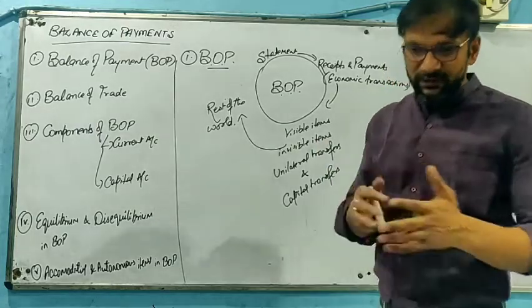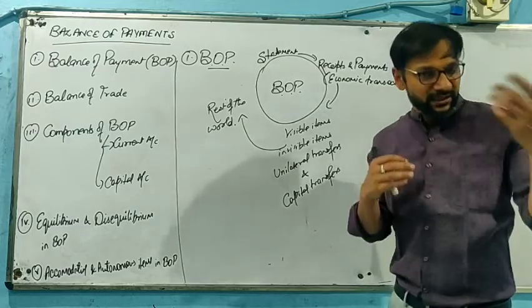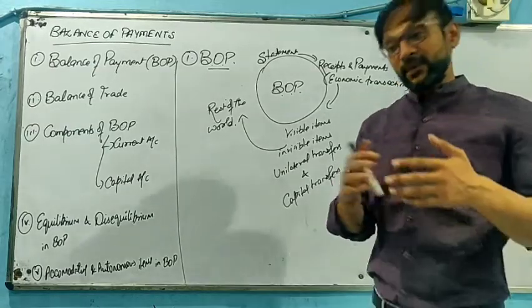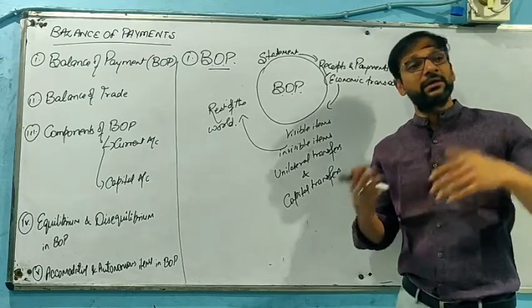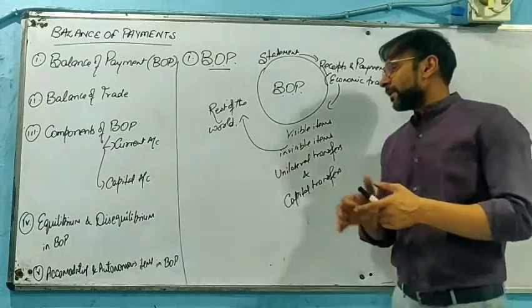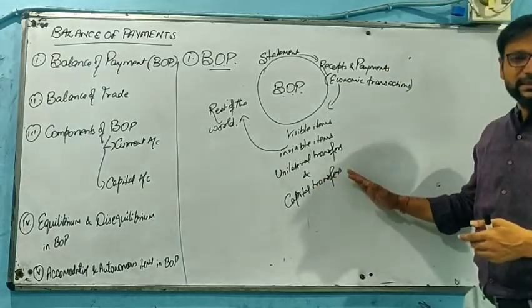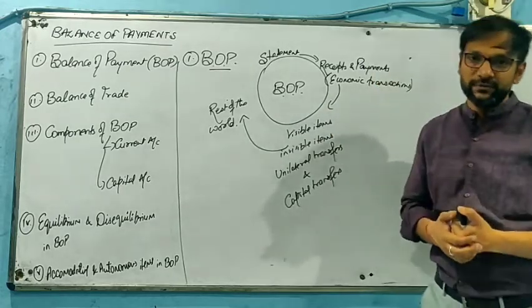It means whatever economic transactions are concerned with international trade measures, we are making receipts and payments from one country, our country, to another country. In respect of all these items, we can say we are facilitating BOP as a whole.